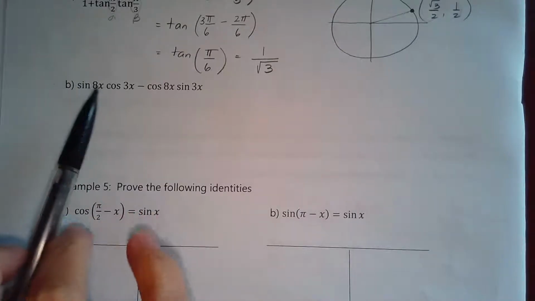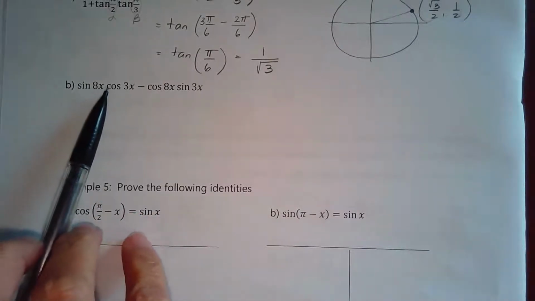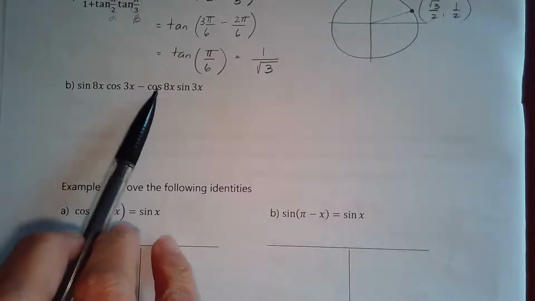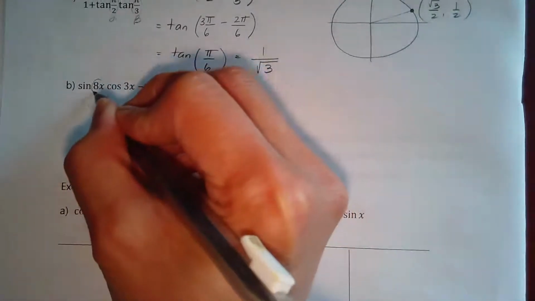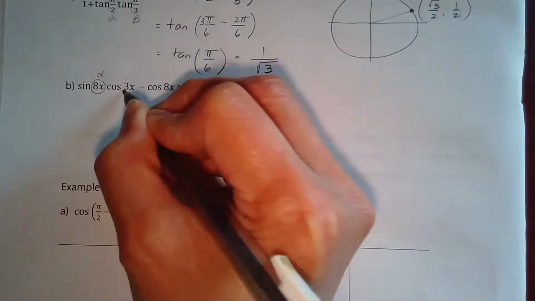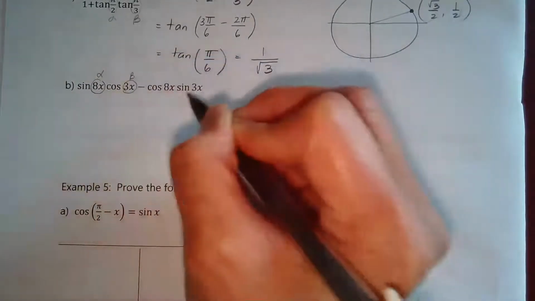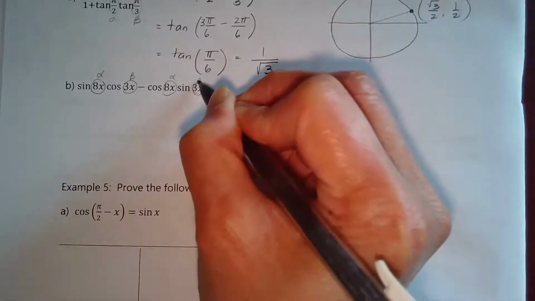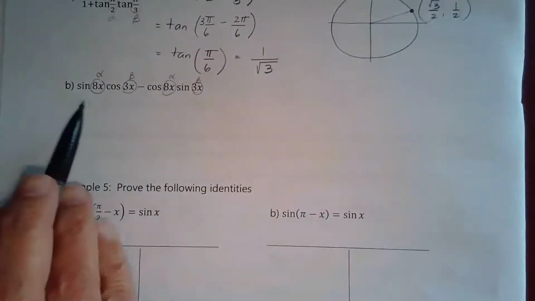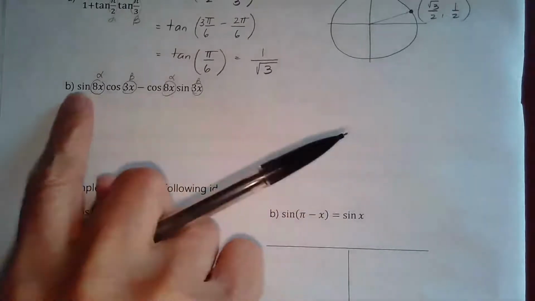So let's take a look at this one. Sine of 8x times cos of 3x minus cos of 8x times sine of 3x. So 8x would be your alpha, 3x would be the beta. Again, alpha, and then this is the beta. Okay, so how can we simplify this?